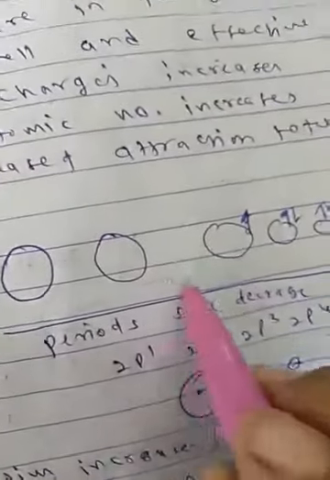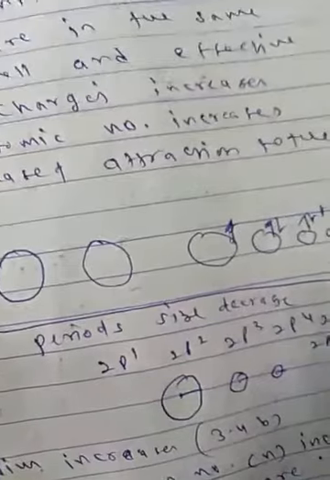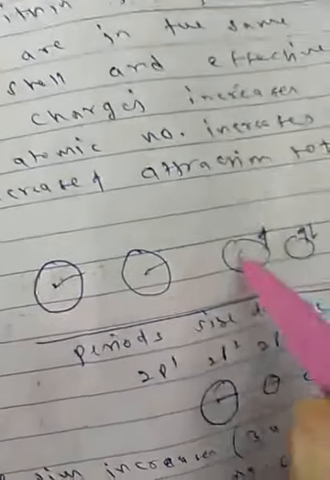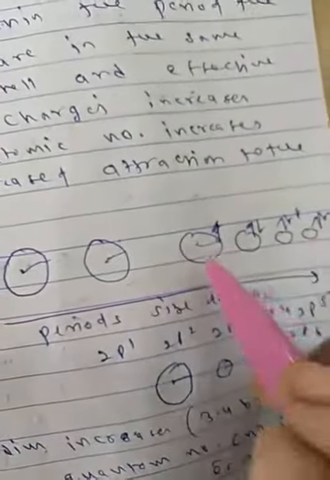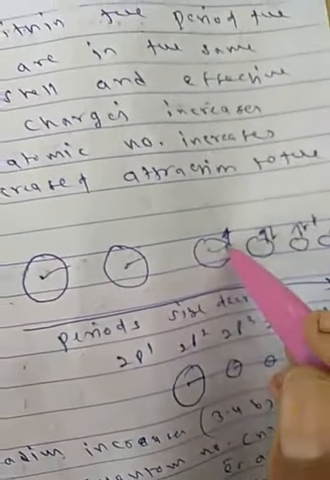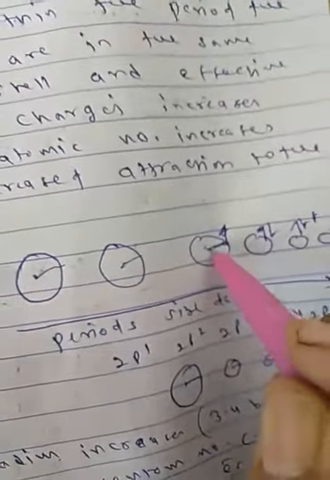So the numbers are increasing in the same valence shell, so the load is increasing. Here there is less attraction, but as we add electrons in the same valence shell, they are pulled toward the nucleus, so the size decreases. So in a period the size decreases.